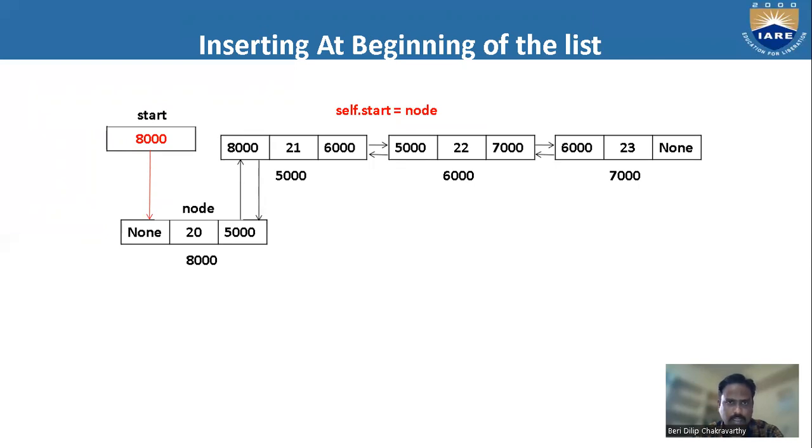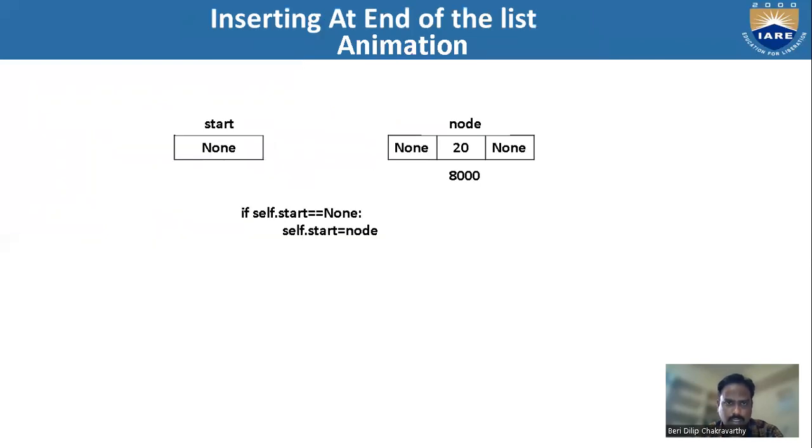Next, let's see insertion at end. Now I need to insert the new node at the end of the list. If the list is empty, if nothing is there, inserting at the beginning and inserting at the end are both the same. So, insertion at the end of the list.